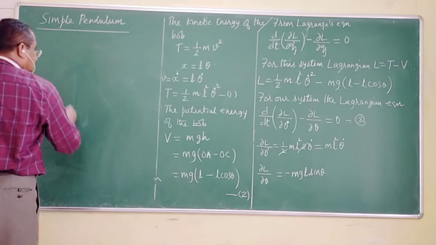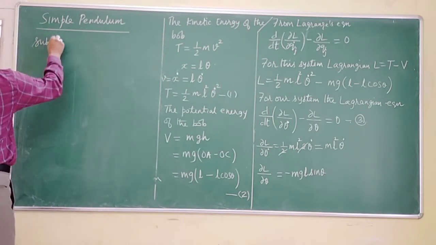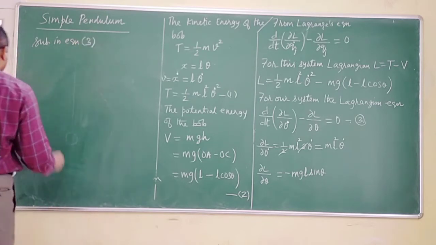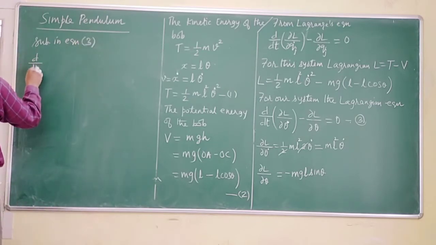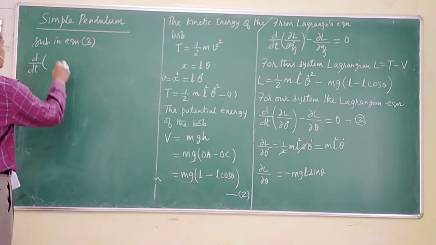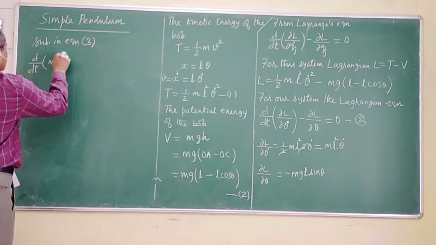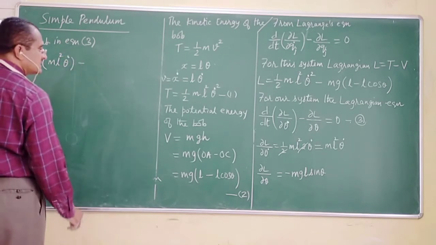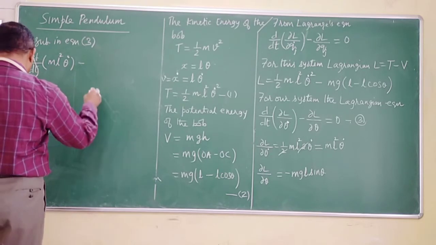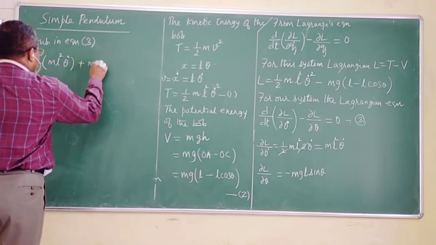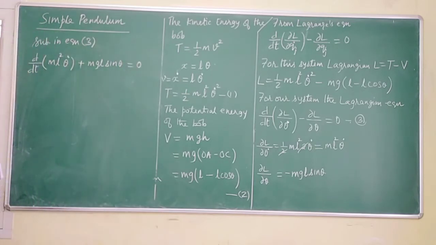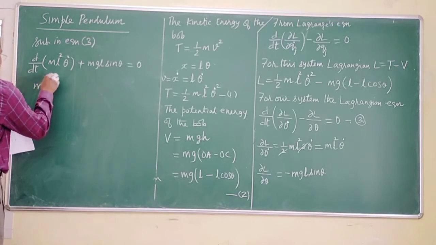Therefore, substituting in equation 3, d/dt of m l squared θ̇ minus of minus will become plus, am I right? Plus mgl sin θ is equal to 0. m l squared is a constant.